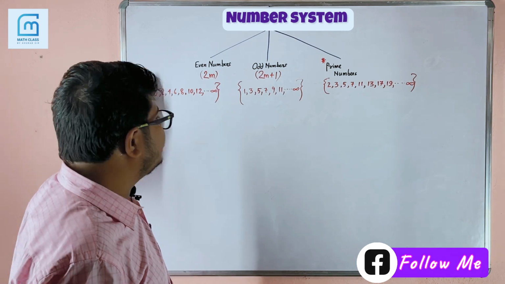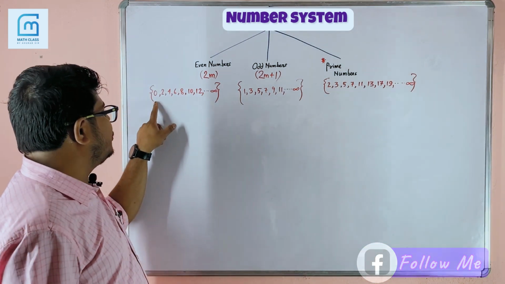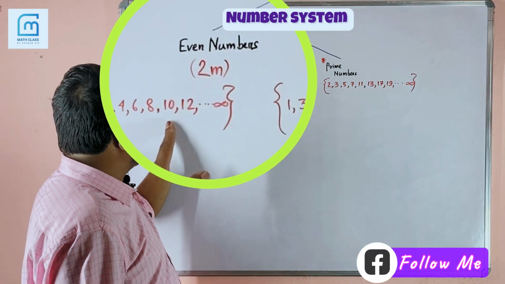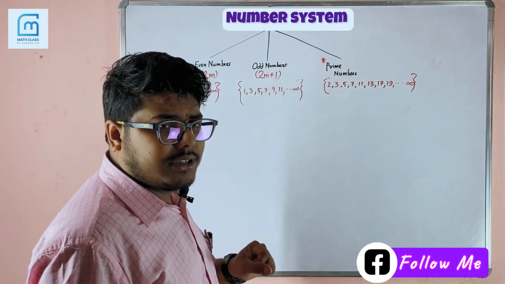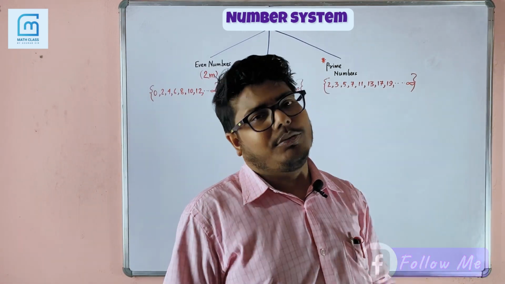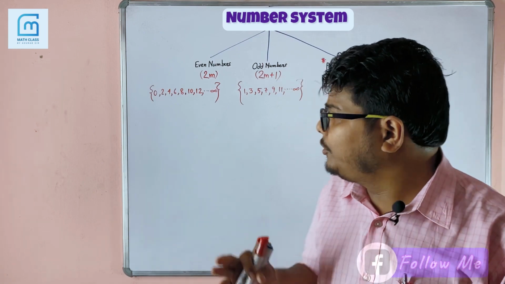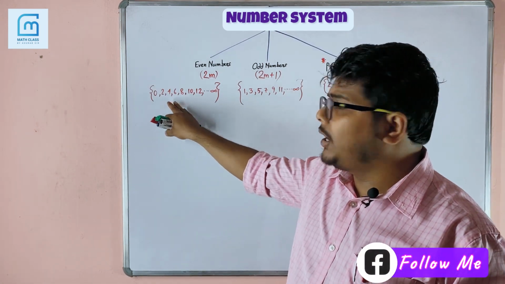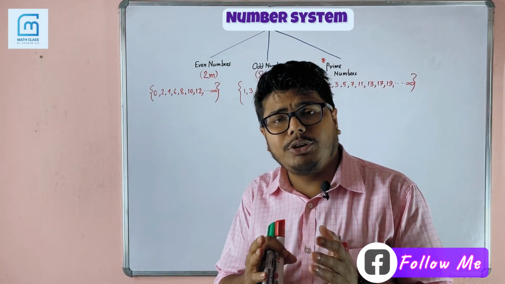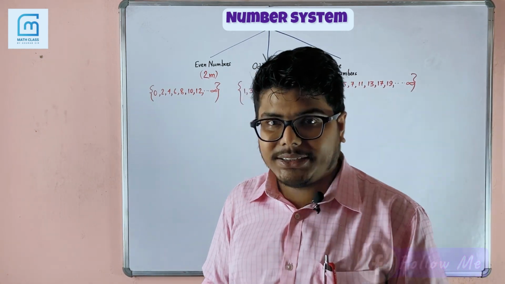What are the even numbers? So from 0 it will start: 2, 4, 6, 8, 10, 12. Imagine that all the even numbers are multiples of 2. If you look closely, you can see that all the even numbers belong to the table of 2, right?